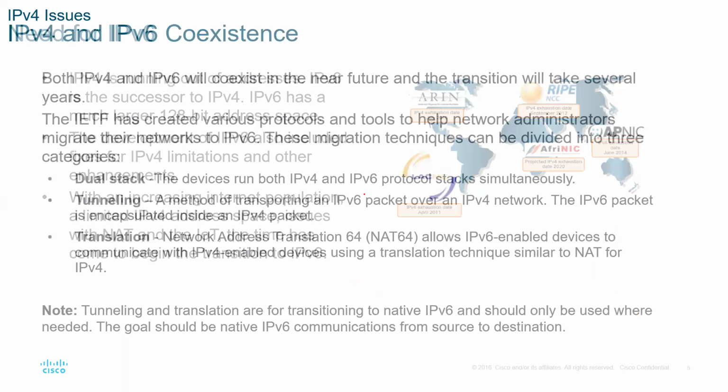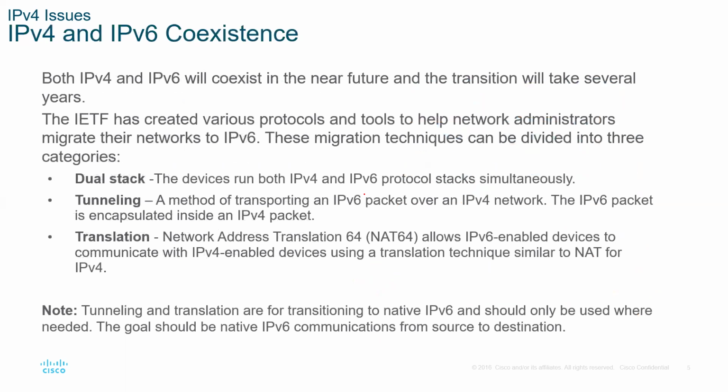Right, coexistence. So you see, even if we want to use IPv4, it doesn't mean that with the introduction of IPv6, we completely neglect the use of IPv4. We now have a coexistence between the two protocols, version 4 and version 6.